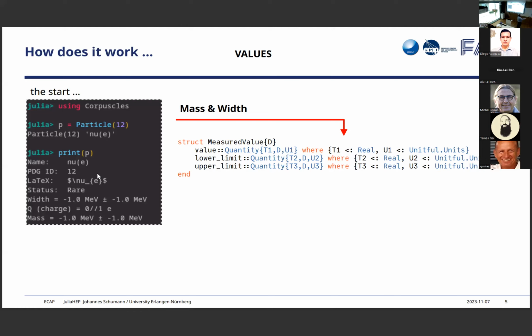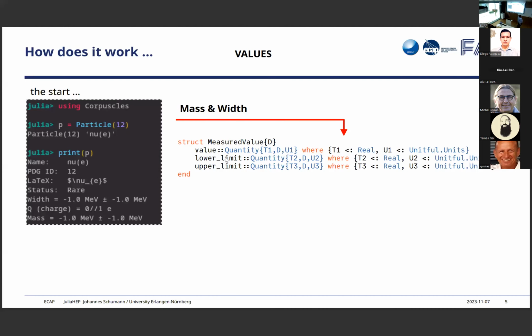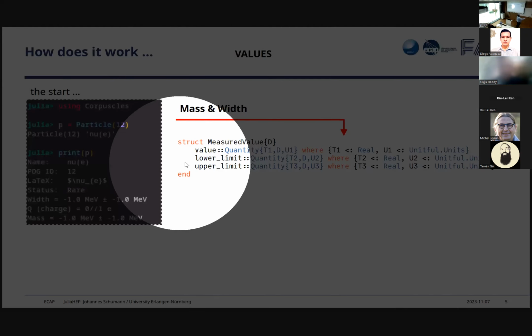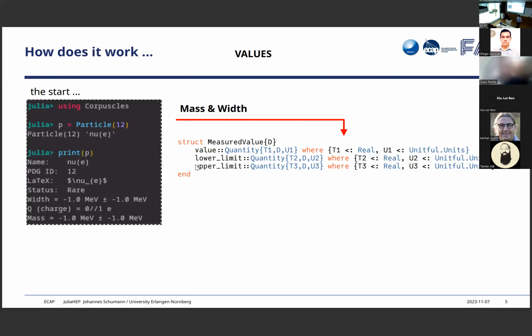here what is done is we have a struct for the measured value, and I did not go for Measurements.jl, because I think for some fields you have different values for the upper and lower limits of your uncertainties.